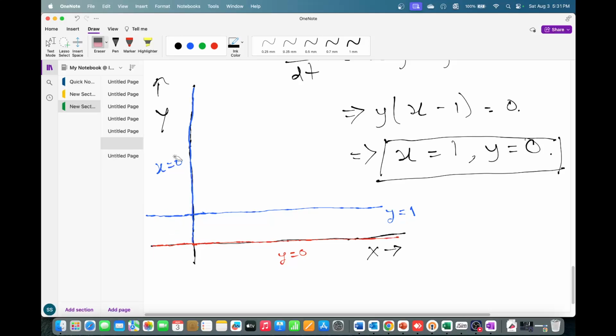This is basically 0 comma 1, not 1 comma 0. Yeah. Now this is y equal to 0. Now x equal to 1, if you assume this is 1 comma 0, it's a line passing through here. Sorry, I'll erase it.